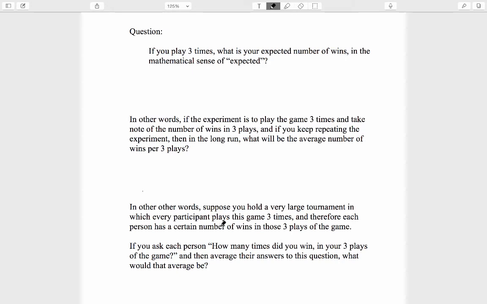And then you average their answers to this question, we can ask, what would that average be? If a large number of people play in this tournament, then we see something pretty close to the long run. And so this question, what's the average number of wins among participants in this tournament, is approximately the same question as the first 2 formulations.